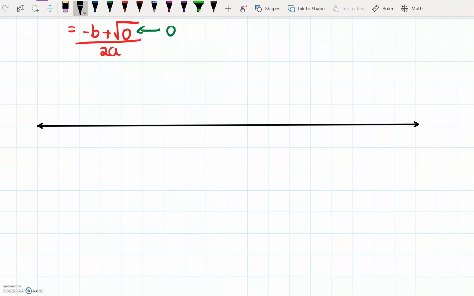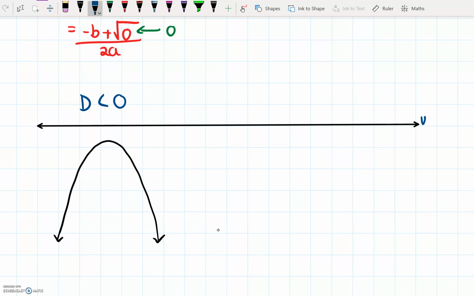In the case of one of those, this parabola here is a negative parabola where d is less than 0, because again you can see that the parabola does not cross the x-axis. There are no solutions for y equals 0, because remember, on this line, y equals 0. That's what this line actually is.